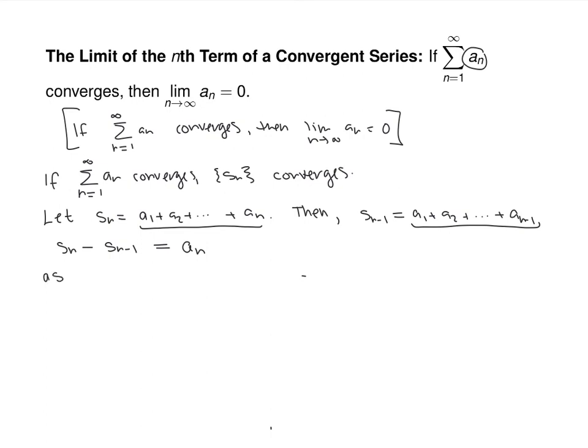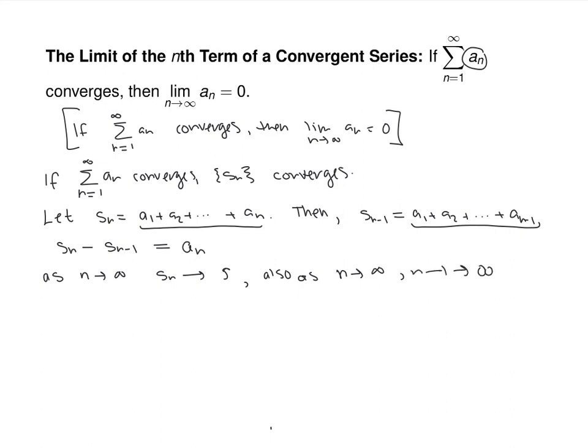So we know as n goes to infinity, S sub n goes to some number s, because we know that this series converges. And then also, as n goes to infinity, n minus 1 also goes to infinity.